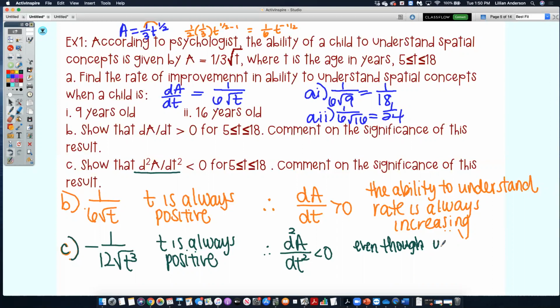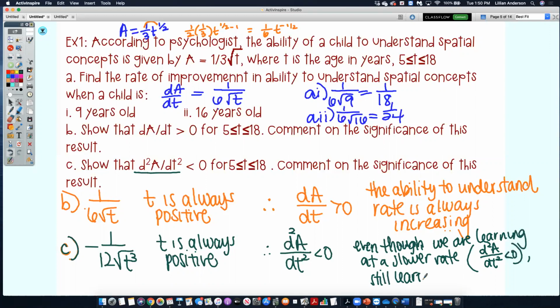Even though we are learning at a slower rate, and I would even say that's what the second derivative represents, the rate at which you're learning, okay? You're learning at a slow rate, you are still learning, and that's where the first derivative comes into play with being greater than 0.